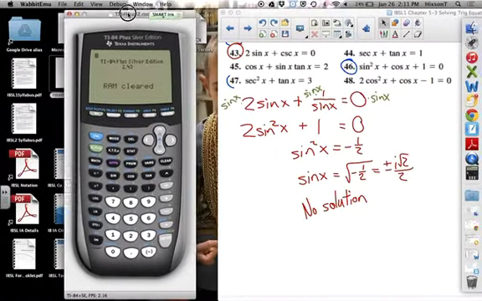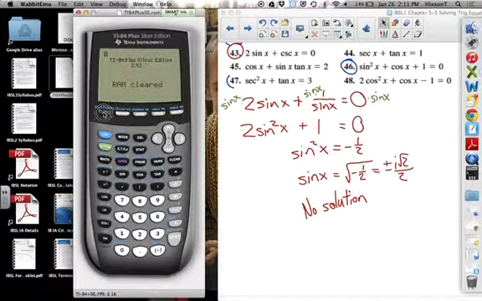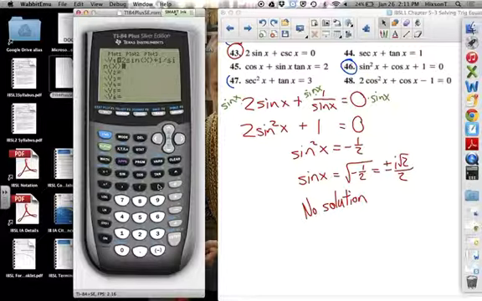I'm going to go to y equals and put in 2 sine x plus, and I need the cosecant, so I'm going to do 1 over sine x. There might be a cosecant in there somewhere, but why bother trying to find it if we can just do 1 over sine?